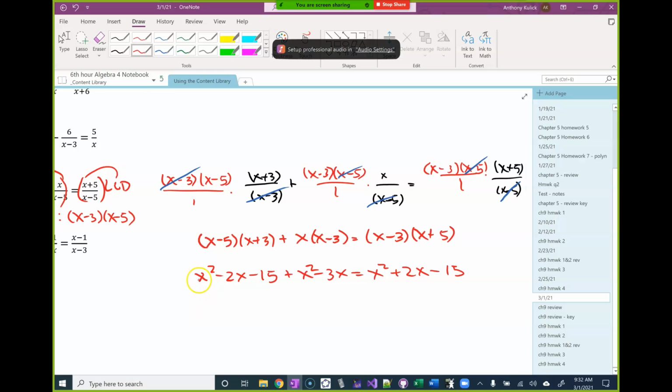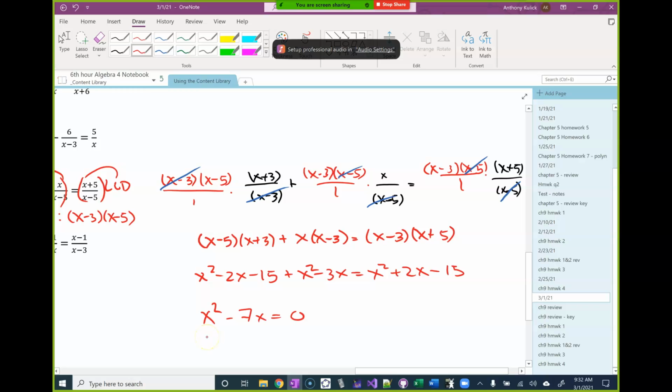So I have 1x squared, 2x squared, and when I subtract that one over, it goes back to 1x squared. I have negative 2x, negative 3x is negative 5x, and when I subtract another over, I have negative 7. And I have negative 15 and then negative 15, so when I add that over, I get 0. You good with that, Joe?